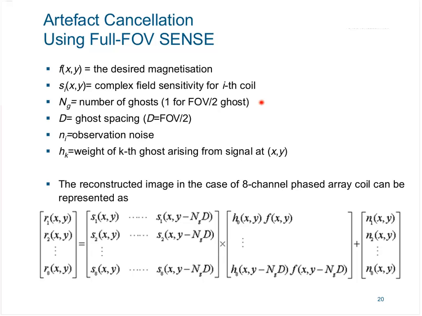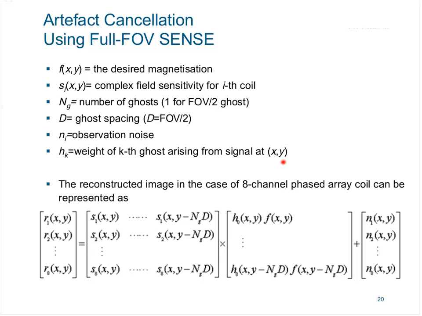You can observe either 1 ghost or 2 ghosts on the reconstructed image finally. If it's only a single ghost, then n is equal to 1, and the ghost spacing is equal to field of view divided by 2, and we have made this factor 1 before. And n is the observation noise, and h is the weight of the kth ghost arising from the signal at the spatial location denoted by x and y.